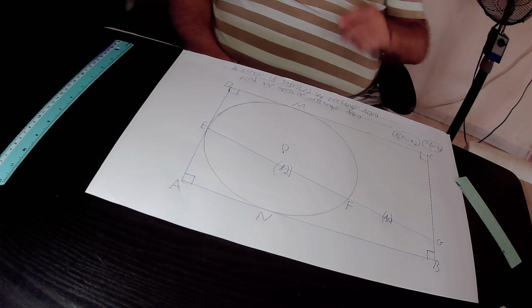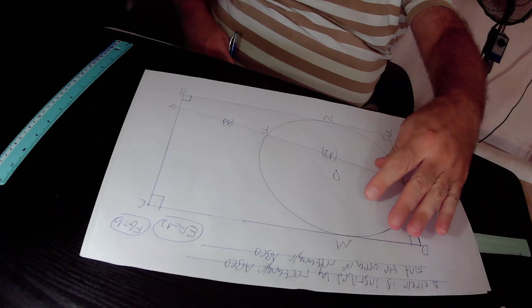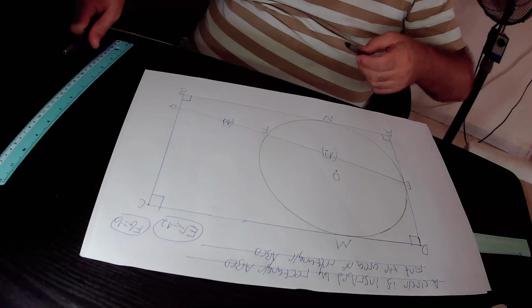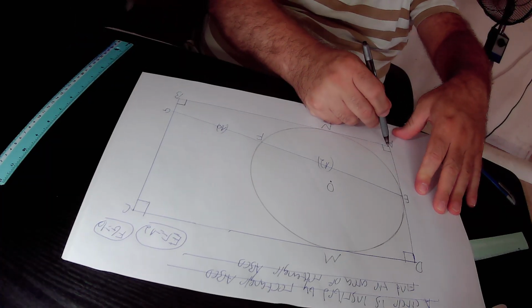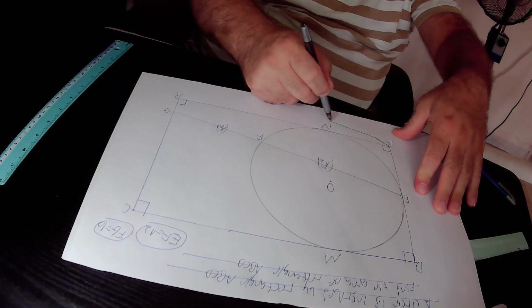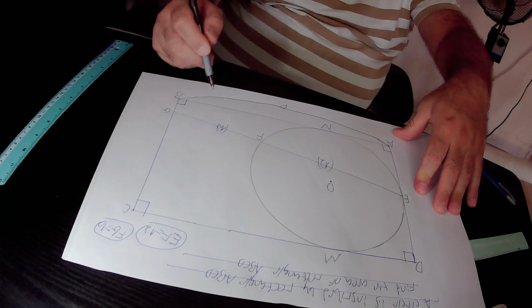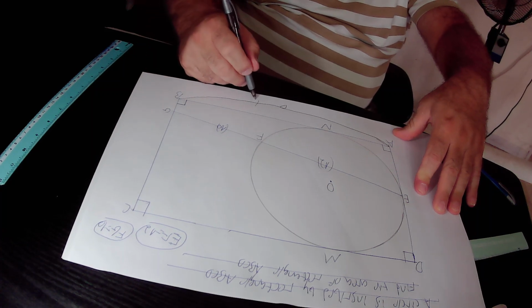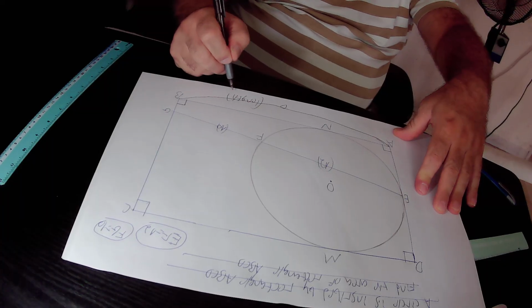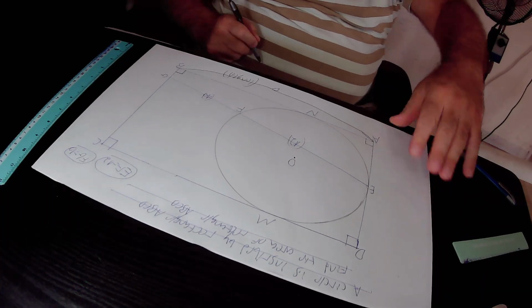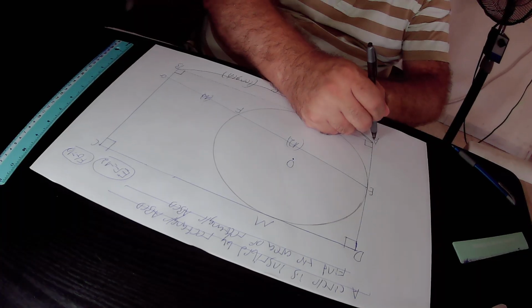So we define the length of this rectangle ABCD as AB, and we define the width of this rectangle ABCD as AD.